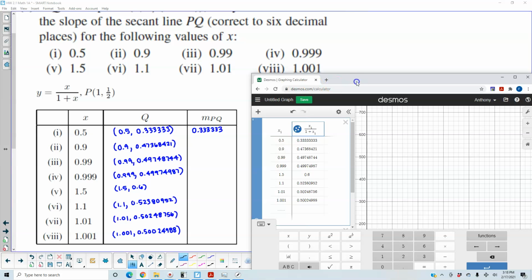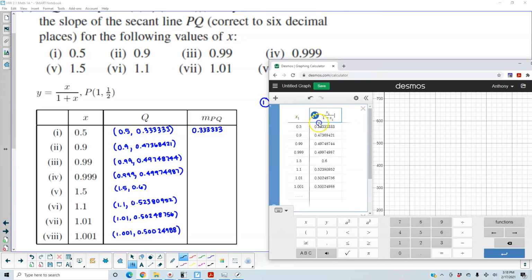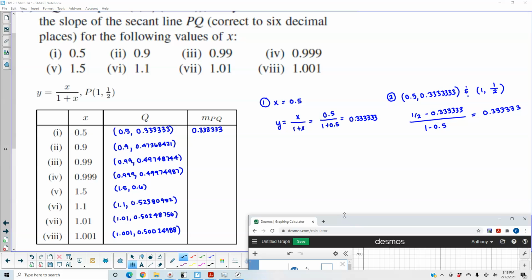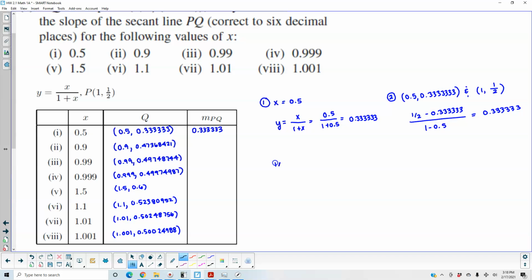Now the next thing we want to do is figure out how to calculate the slope. So we can create another column here, and that column uses the slope formula. In this scenario, we take 1/2, subtract x1 divided by 1 plus x1, over 1 minus x1.